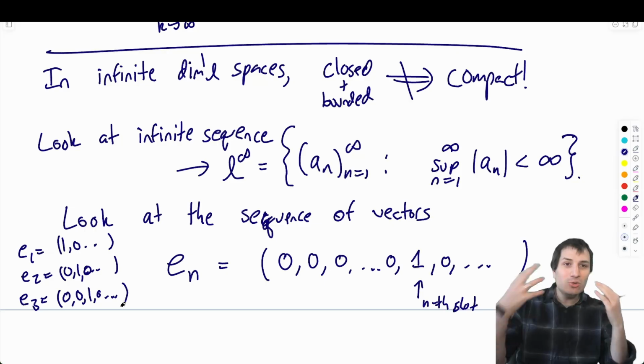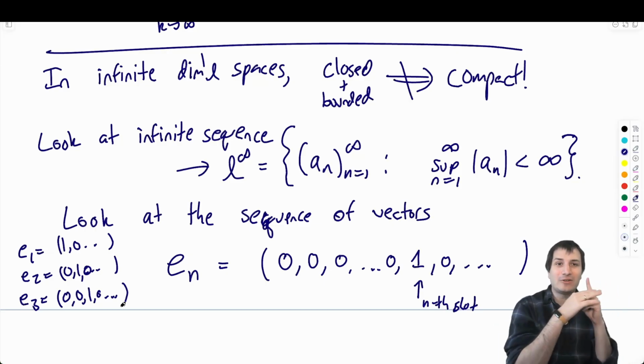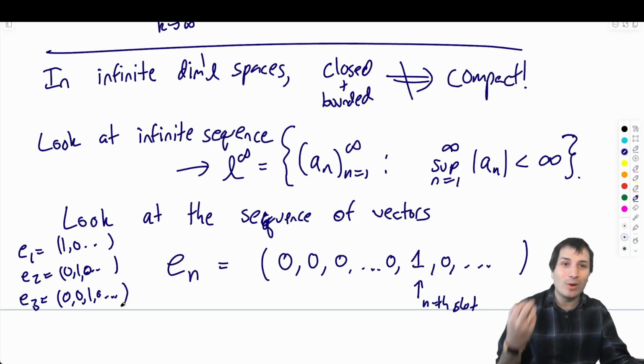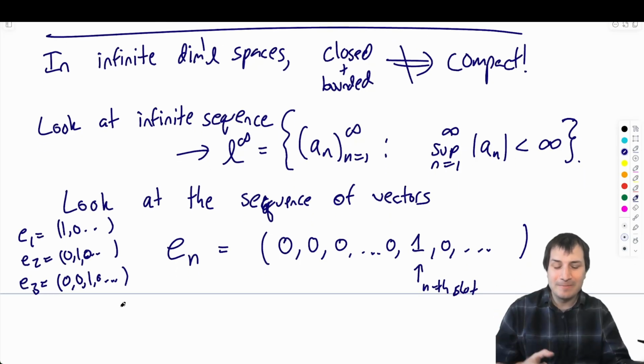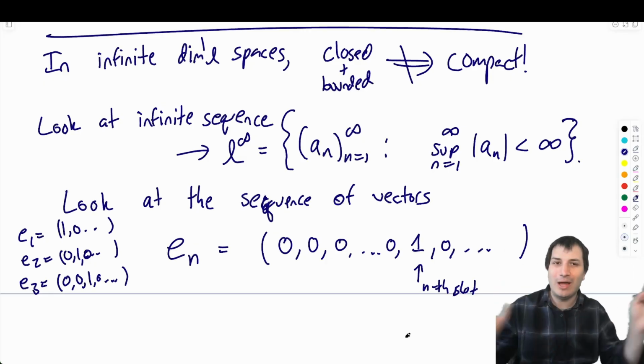And these are the usual coordinate vectors from an ordinary linear algebra class, like the vector of the x direction, the y direction, the z direction. It's just that when you're in this infinite space, it goes on forever and ever. You can always have an nth slot, and there is no last coordinate. That can go up as far as you want.